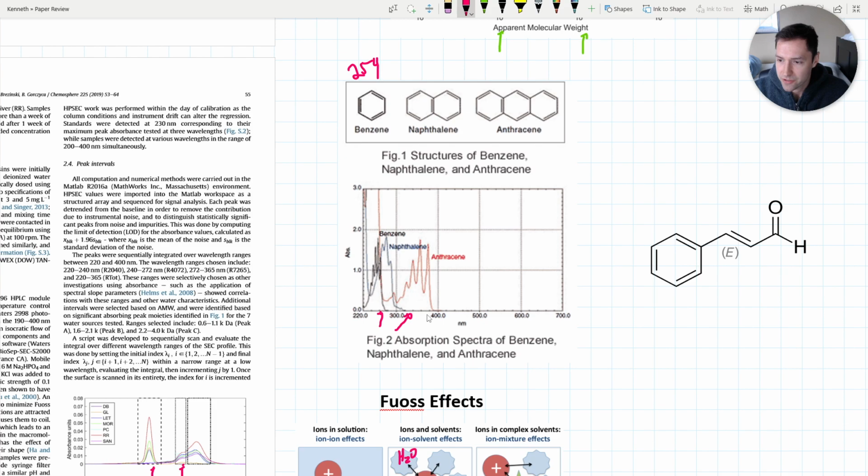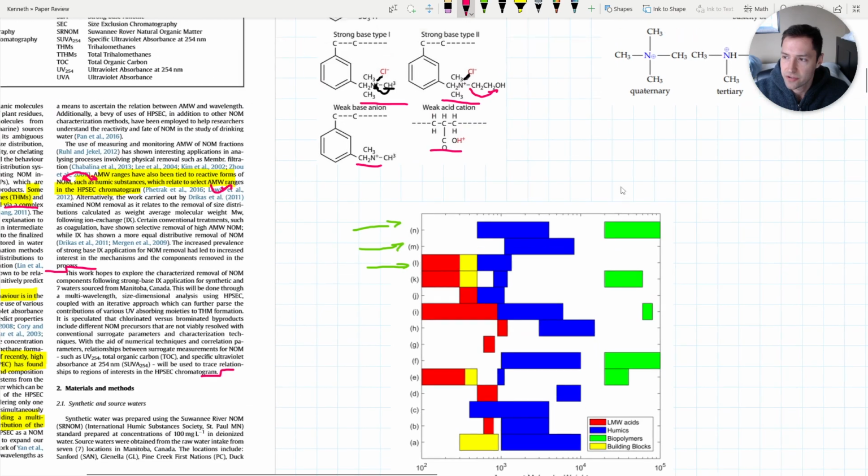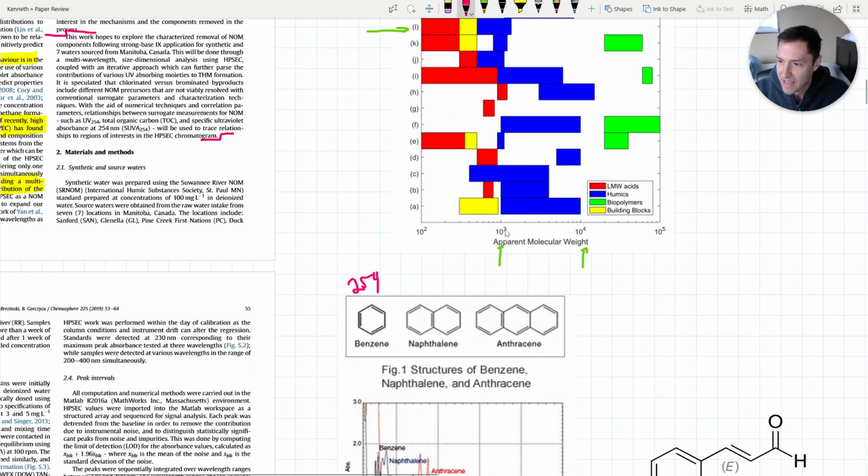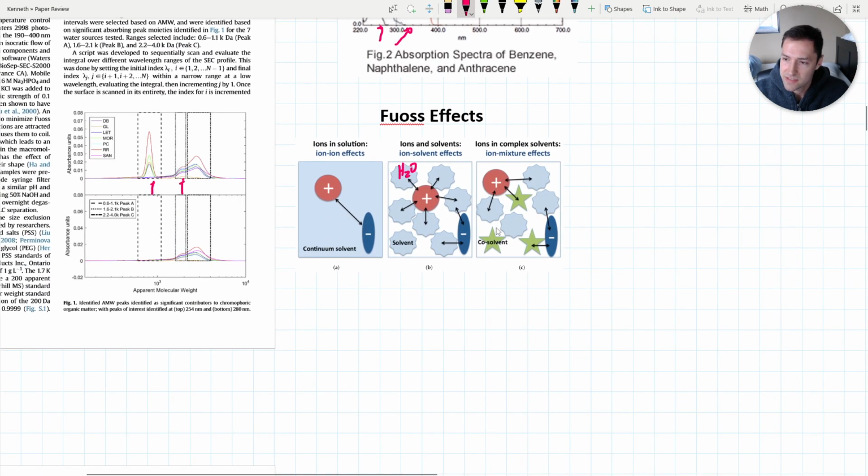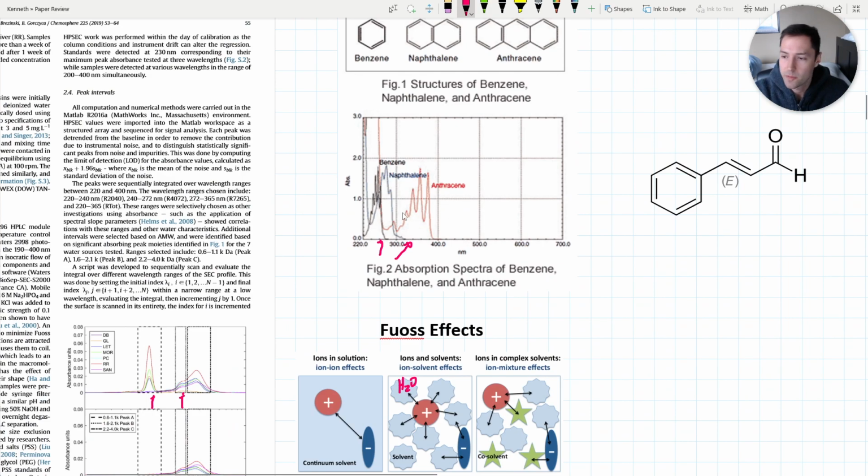So if we want to capture a lot of this information about these extended conjugated aromatics, you want to look at various wavelengths, because once they're substituted with different groups like carboxylic acids, aldehydes, and alcohols, these absorbance spectra also shift right to left. So we want to characterize it all.